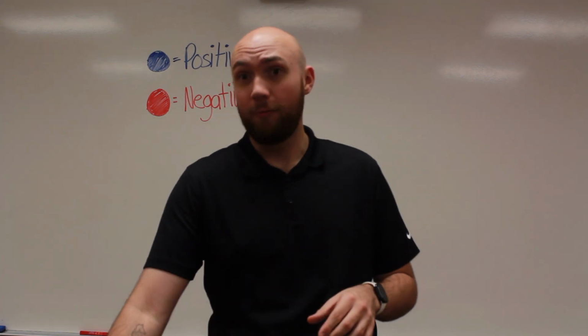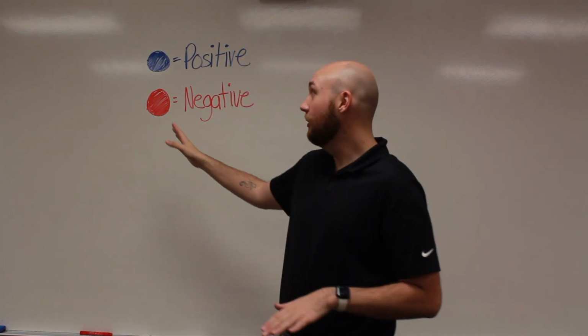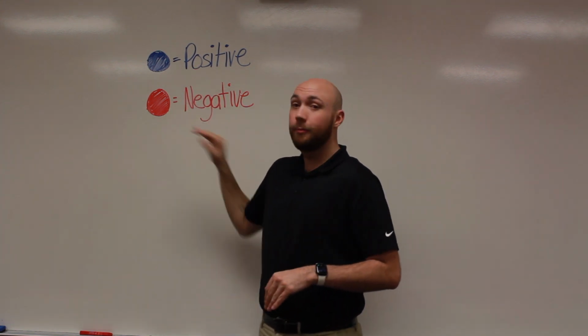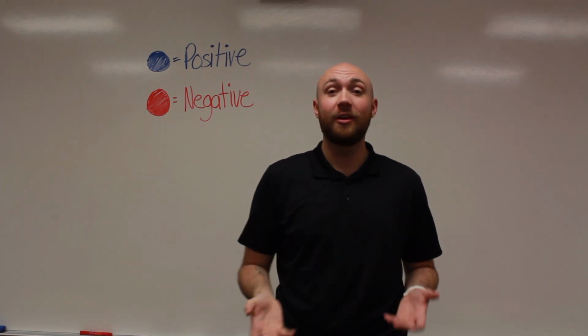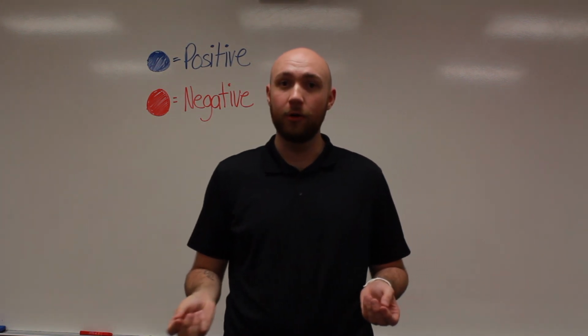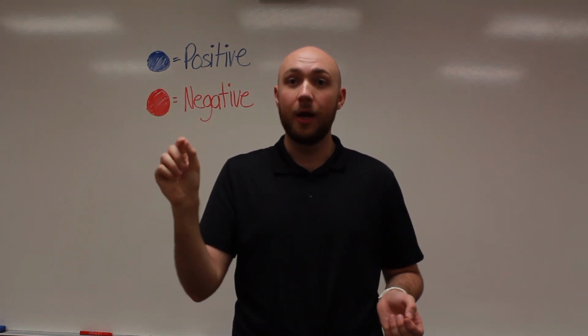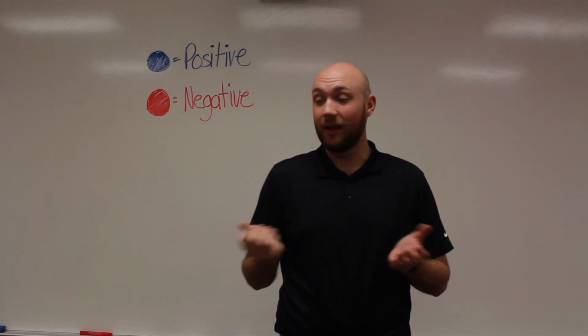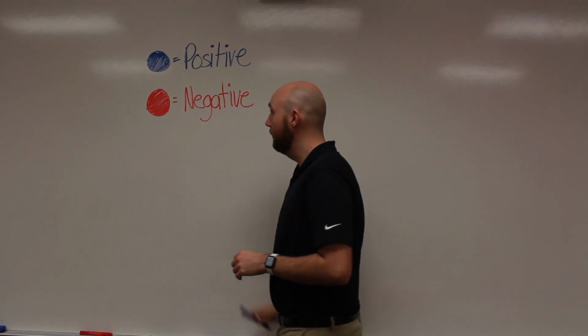For this purpose, I'm using different colors to represent positive and negative: blue representing positive, red representing negative. Even if you just have a pencil or a black Expo marker, one circle can be not colored in and one can be colored in to represent positives and negatives. But for this purpose, we're going to use red and blue.